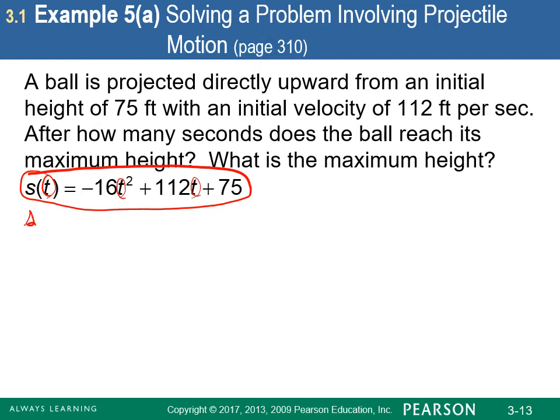We can use x's. And this would be the y. So x's is going to be our time, and y is going to be our height.